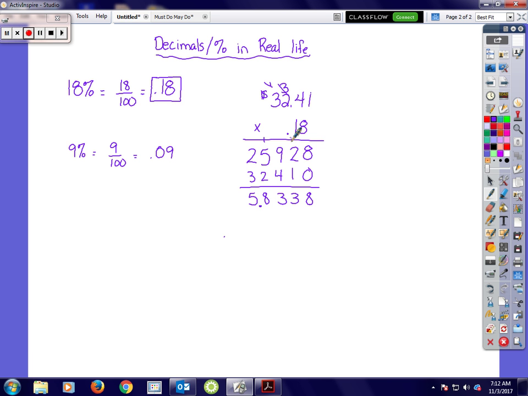So usually what I do, you round to the hundredths place. So I'm going to keep my 5 and my 8 the same. My 3 is telling my 8 to stay the same.